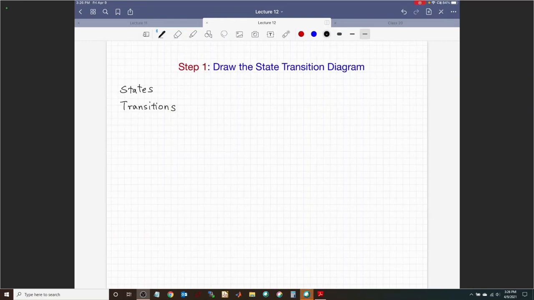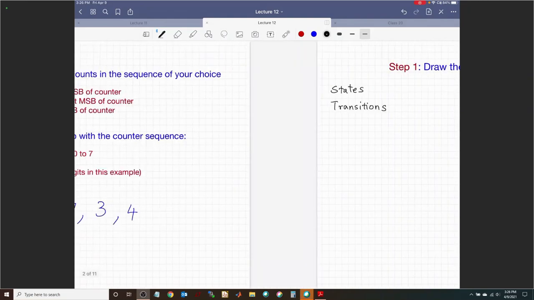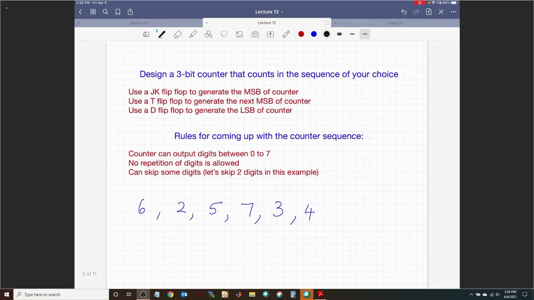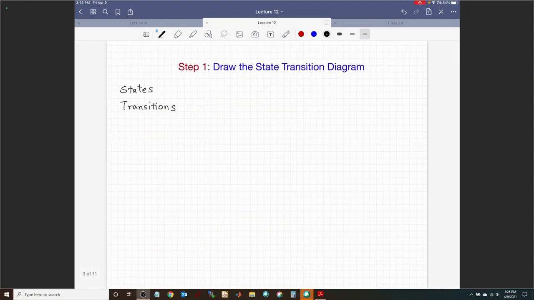So the first step is going to be to draw this state diagram or state transition diagram. I'm going to go back and take a look at my sequence that I need to generate. This is 625734, right? So I'm going to copy this over here, 625734. And then it goes back.